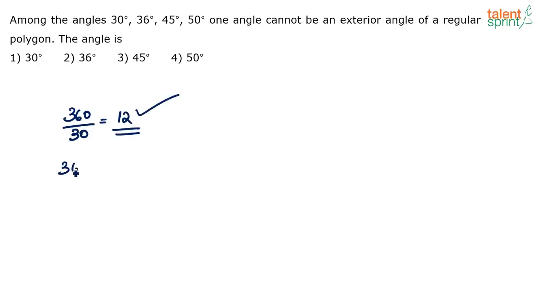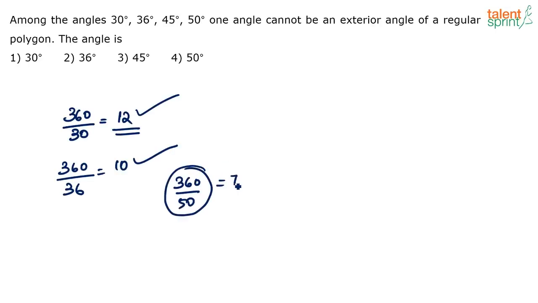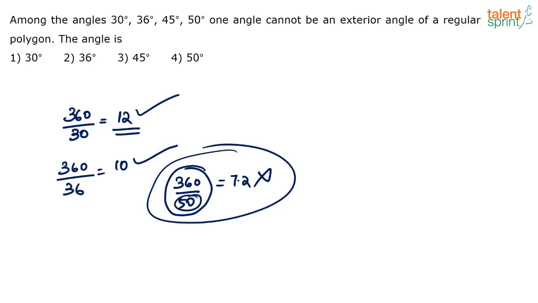Similarly, 360 divided by 36 gives 10 such angles, each angle being 36 degrees. Similarly, 360 divided by 50 gives 7.2, which is not a whole number. So there will be no polygon which can have 50 degrees as the external angle. The correct answer here is option 4.